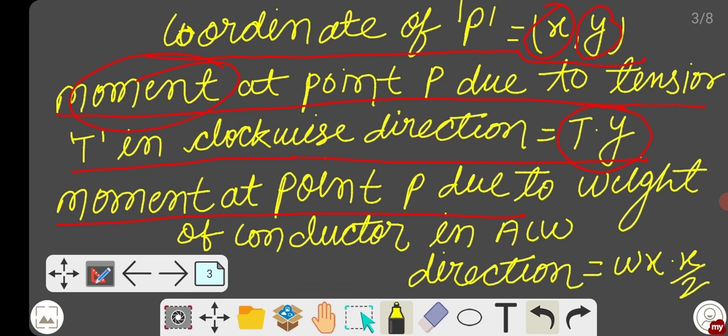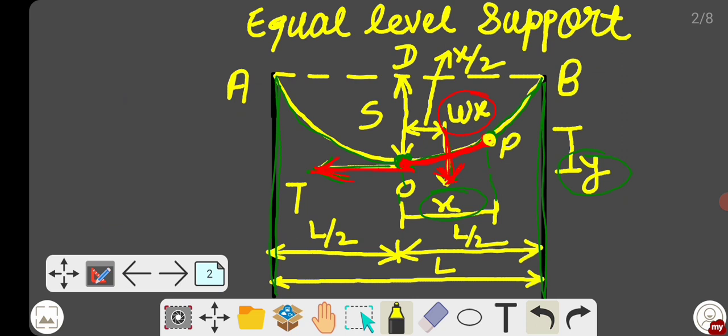The moment due to weight in anti-clockwise direction will be Wx into x by 2. As you can see, it is acting in vertically downward direction.